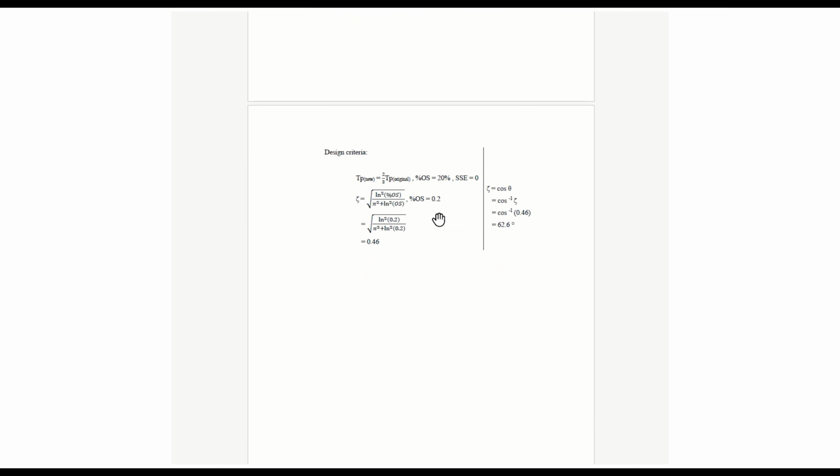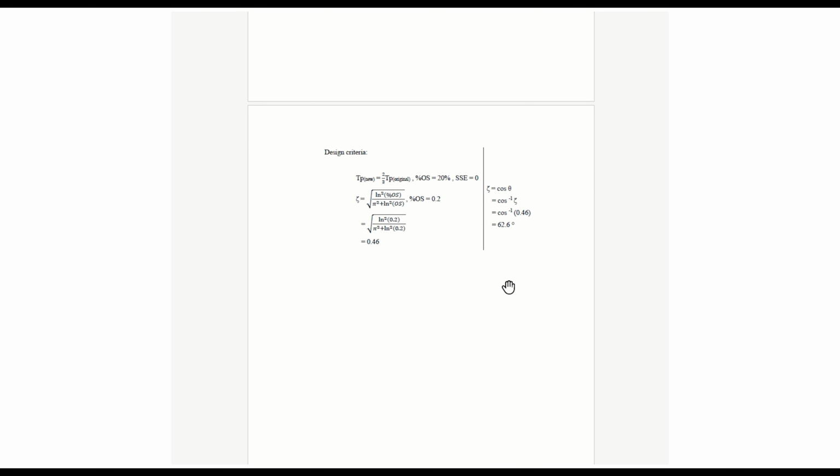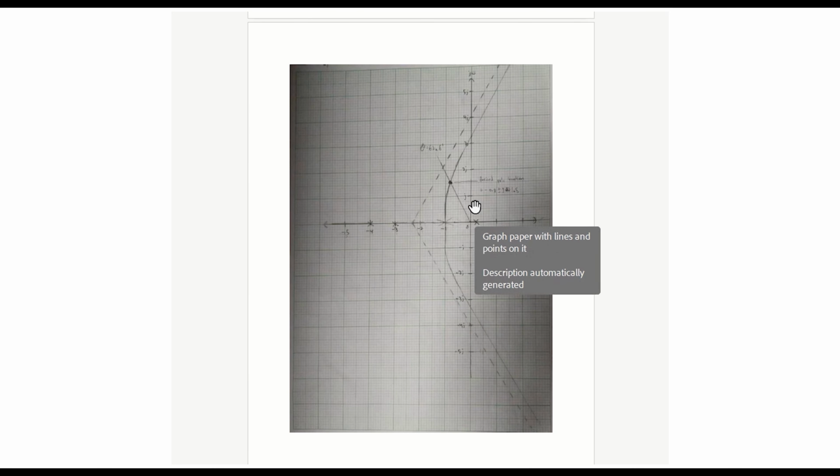First of all, we write the design criteria here, and then we use this formula with the given overshoot to get the damping ratio. After that, we calculate the angle here. Why? Because we want to know the desired location for that damping ratio.